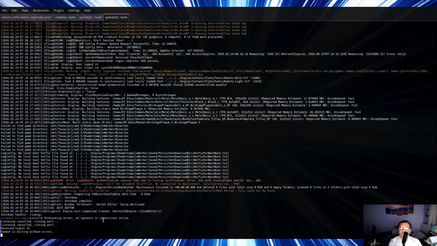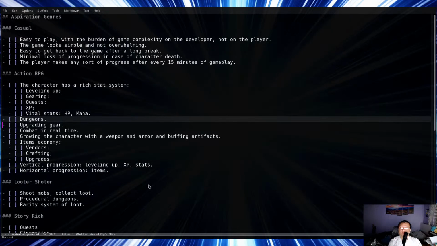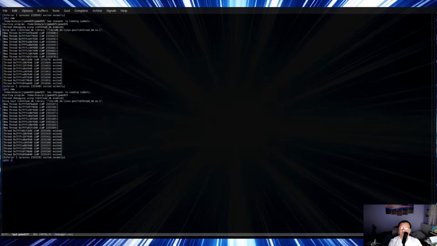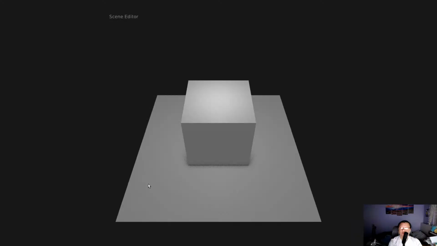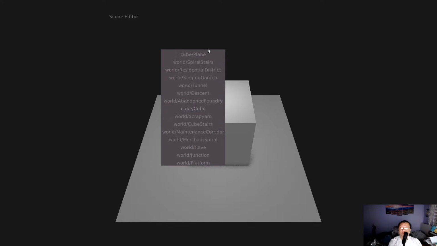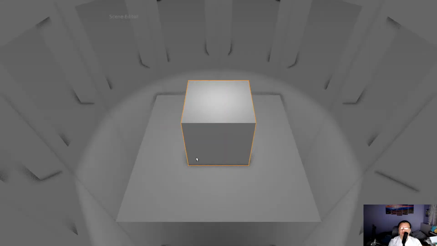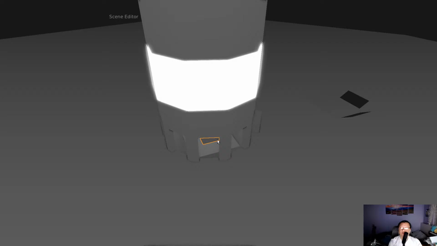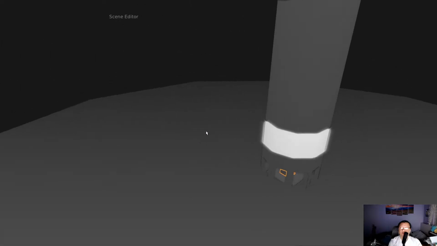So I have a bit of blocking out of the level. The starting point is going to be a platform, right?